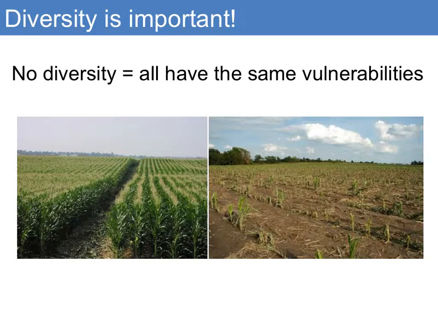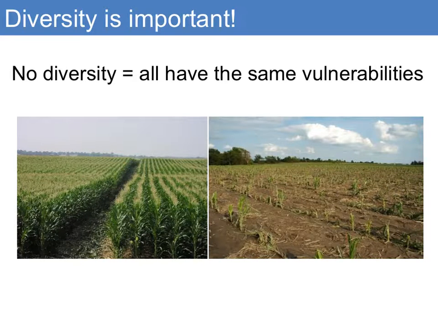On the left, this might be selective breeding corn, or it might be genetically modified corn, but there's very little variation in it. Which is fine, but let's say there's a new disease that invades, and these plants are susceptible, it would wipe out all the corn.